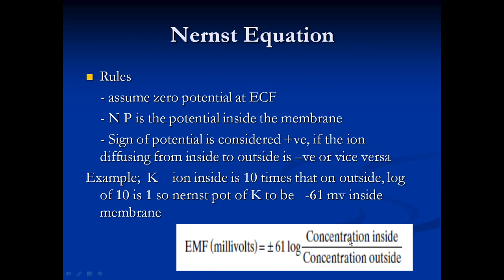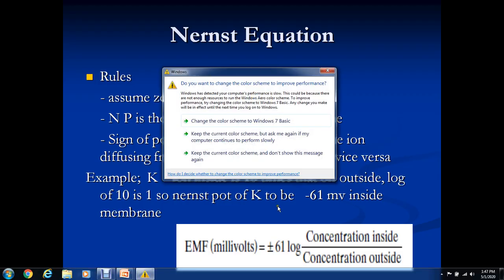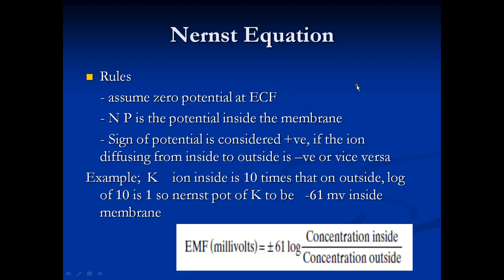We multiply 1 with 61, which results in 61. Because potassium is a positively charged ion, we consider this sign negative. So in this particular instance, the Nernst potential for the potassium is minus 61 millivolts.